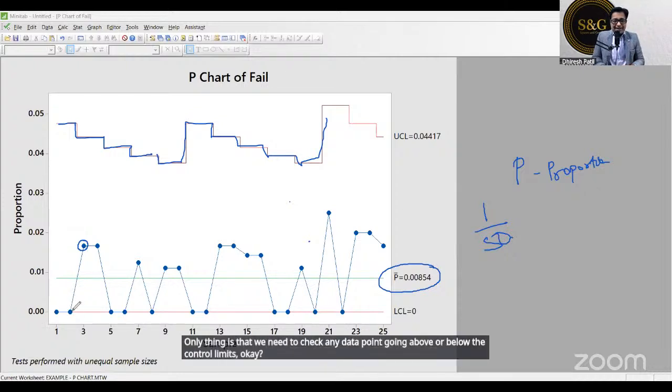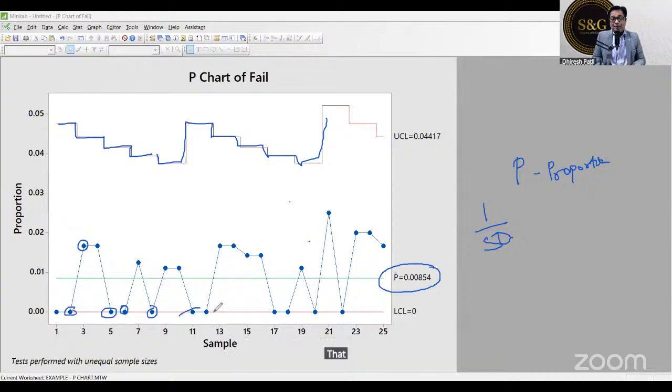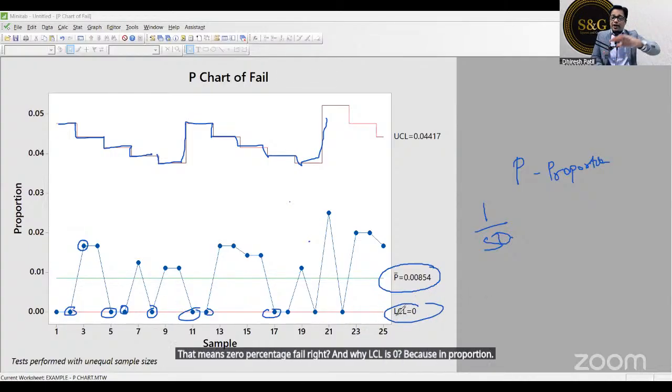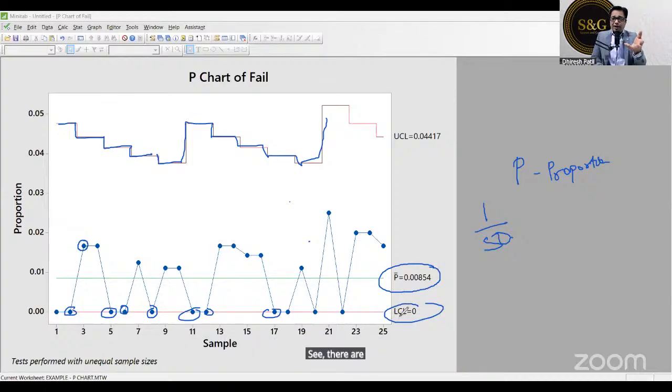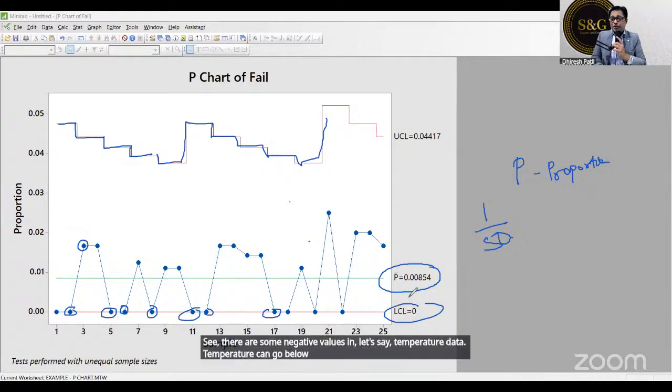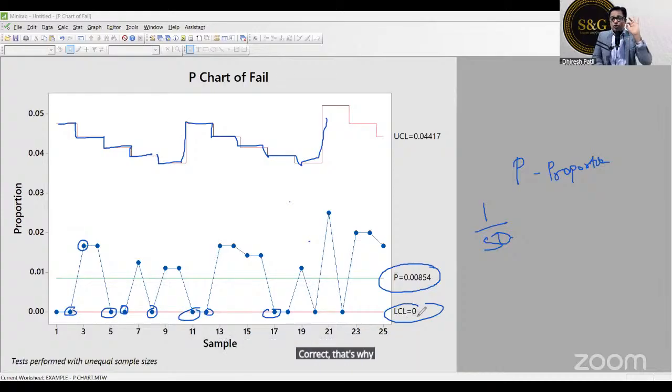Now you can see here a lot of data points at 0. That means 0% fail, right? And why is LCL 0? Because a proportion cannot go negative, right? There are some negative values in, let's say, temperature data. Temperature can go below 0, but a proportion cannot go below 0, right? That's why this LCL is stopping at 0.